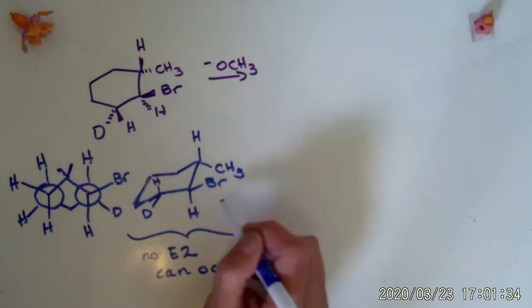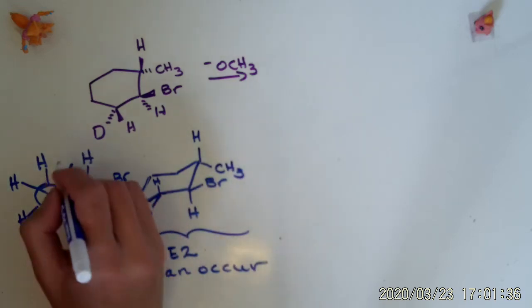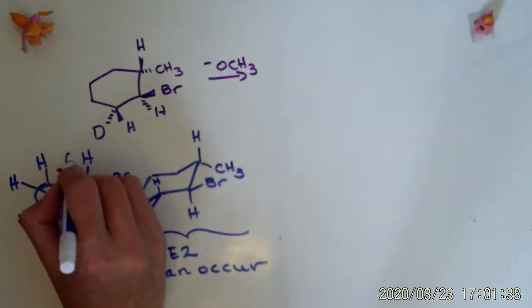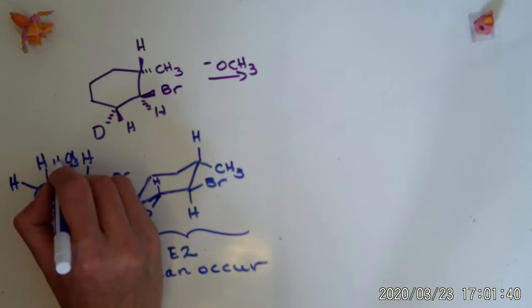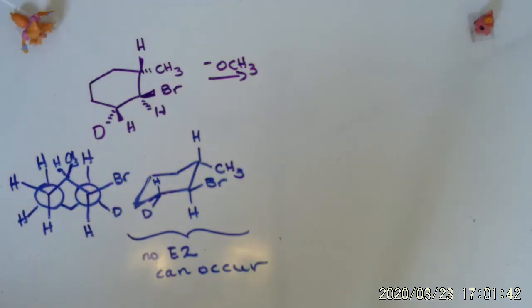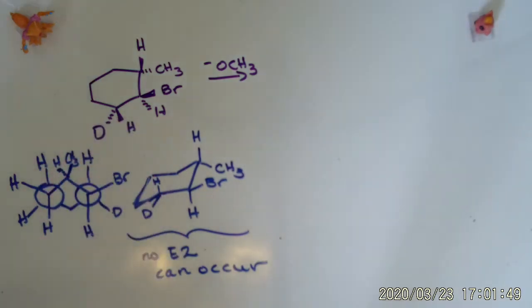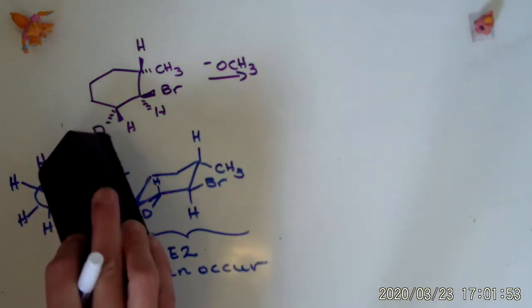Okay, my methyl is also equatorial. Okay, so something like that. Let me see if I can draw this a little better so you can see. This isn't axial, it's a hydrogen that's axial.